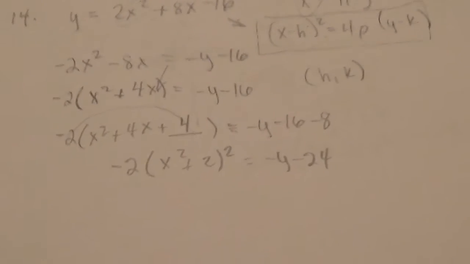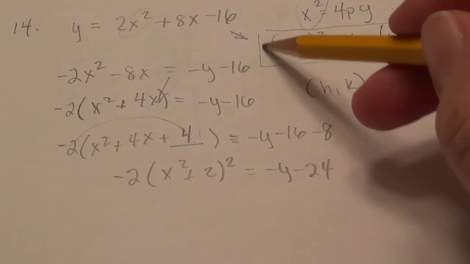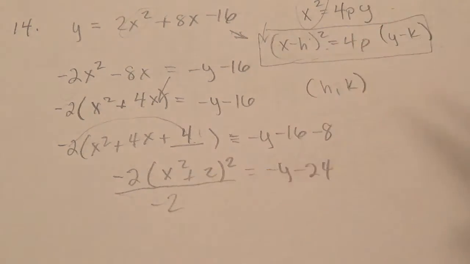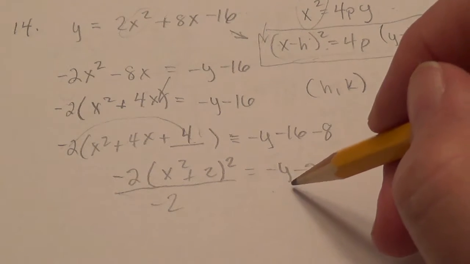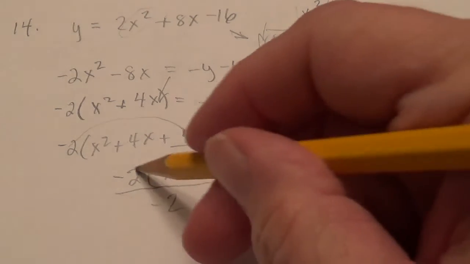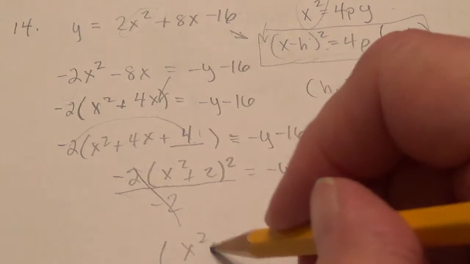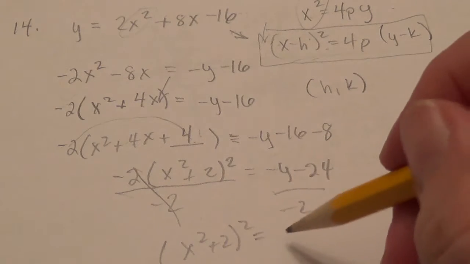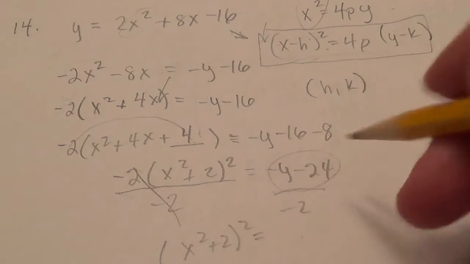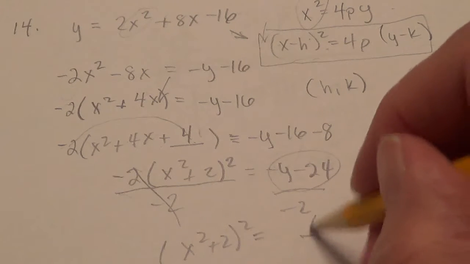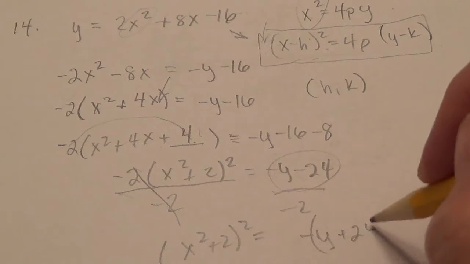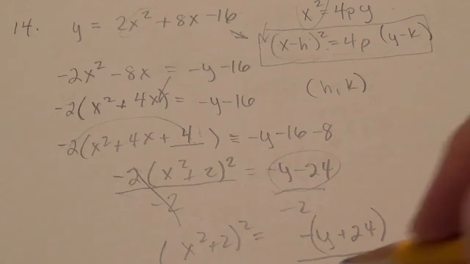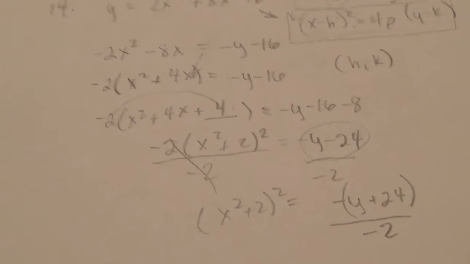And finally, to get it to look like this, I need the term in front here to be gone. So I'm going to divide everything by minus 2. And when I do that, I get (x plus 2) quantity squared equals, I'm going to pull that negative sign out of this part. And when I divide by minus 2, I'm just going to put that out in front.